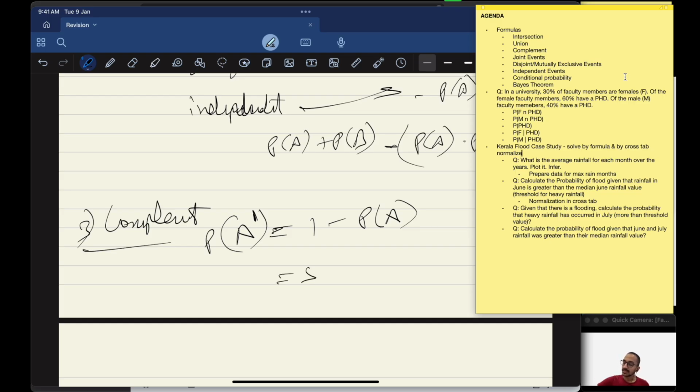So we can also write A dash as S minus A. S is the sample space.